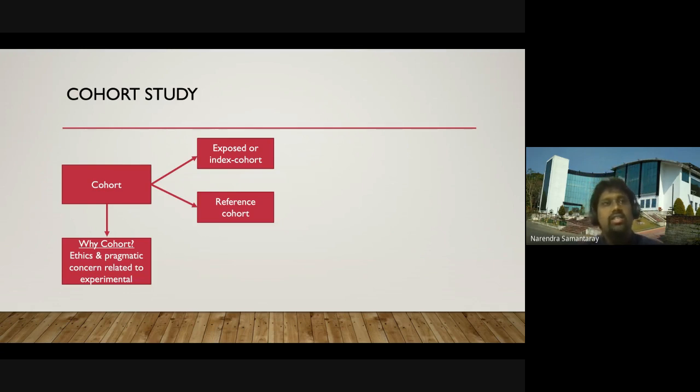He cannot intentionally expose somebody to radiation because he wants to know the etiology behind it, how that is causing, what kind of outcomes that is causing. But what happens is, knowingly or unknowingly, we human beings are exposed to certain kinds of harmful factors.